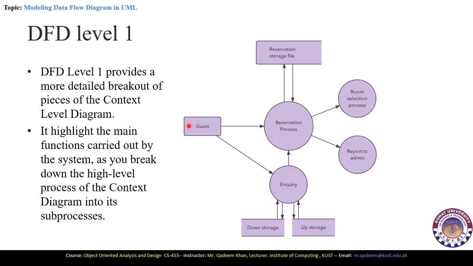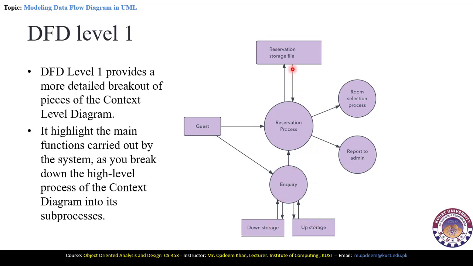Now this is in fact the entity. It can be some human, or it can also be some outside software or another hardware. For example, the guest is a user here. So the guest can interact with the reservation process. Also he or she can interact with the inquiry process.